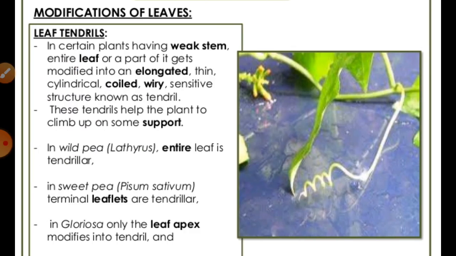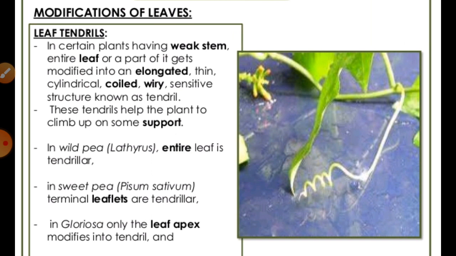On the other hand, some other leaves can also be modified into other structures, that are called tendrils, right? Means the leaf tendrils are thread-like sensitive structures which coil around a support to help the plant in climbing.